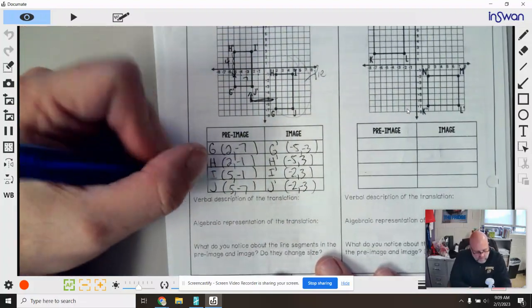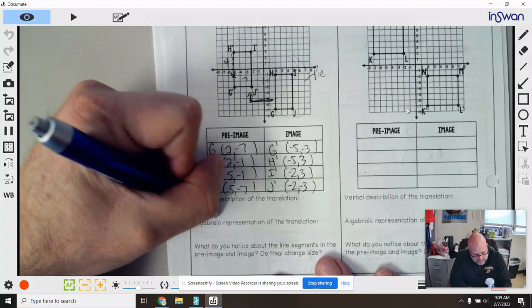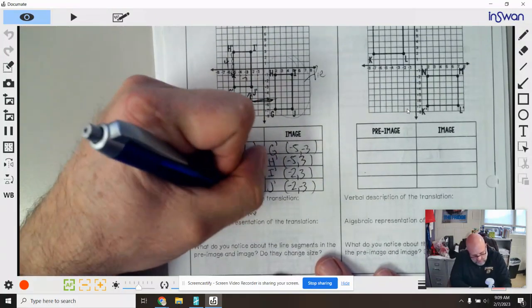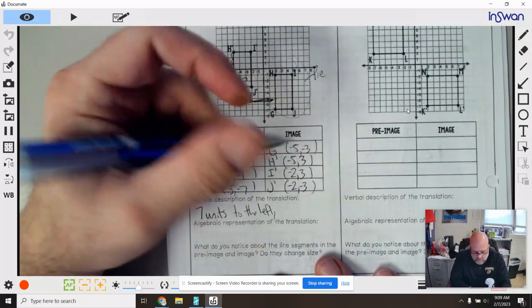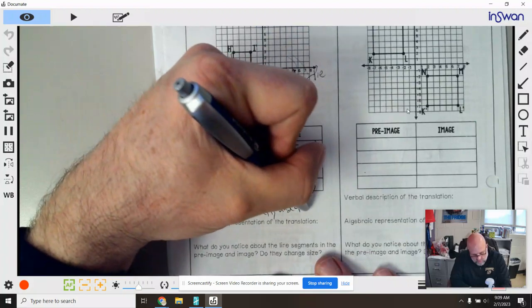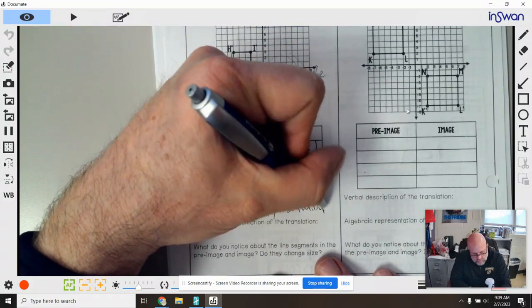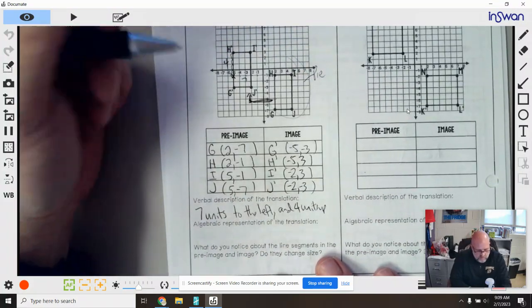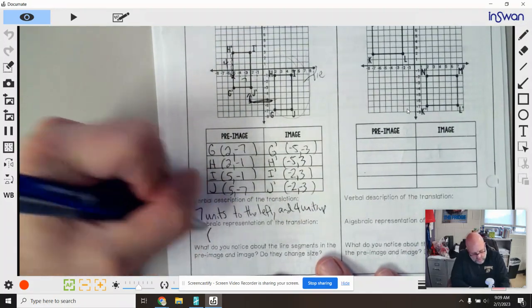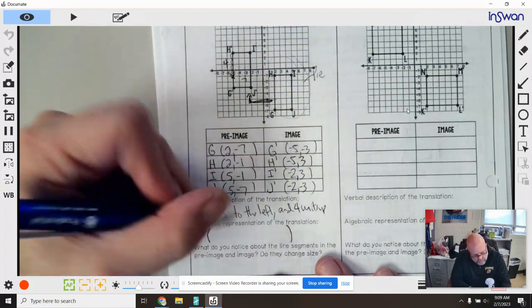Okay, so we just write that 7 units to the left and 4 units up.